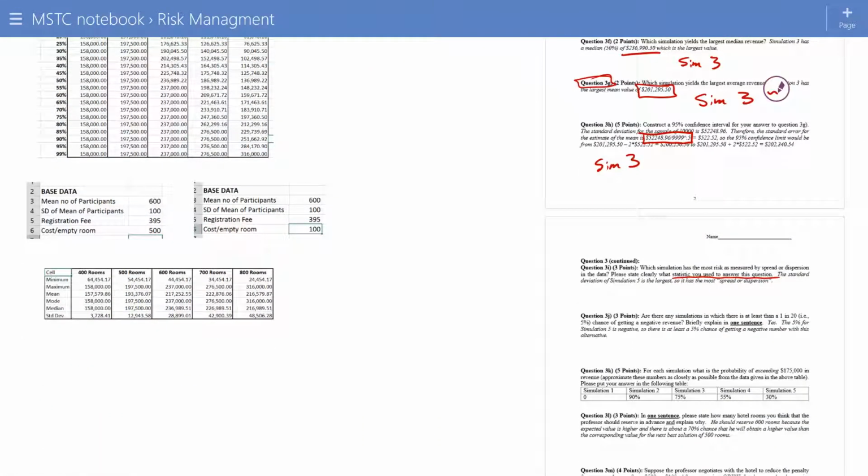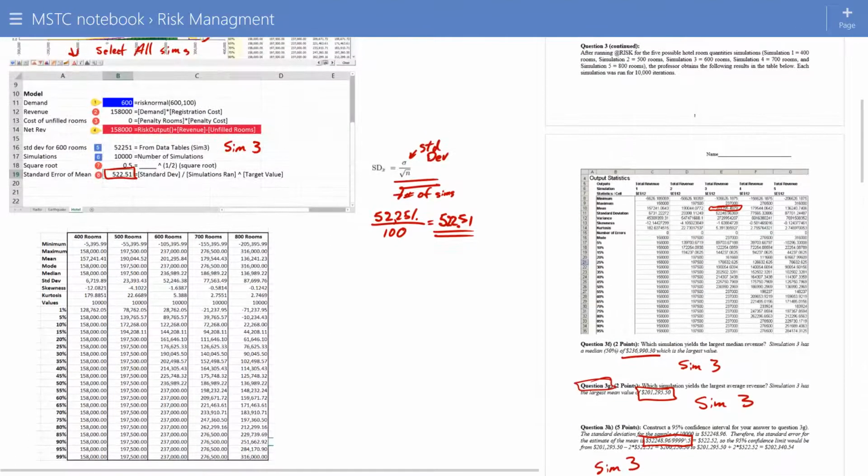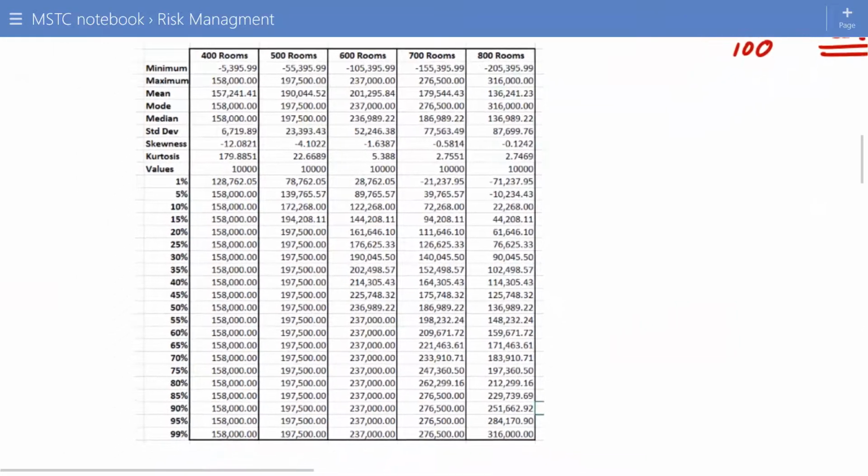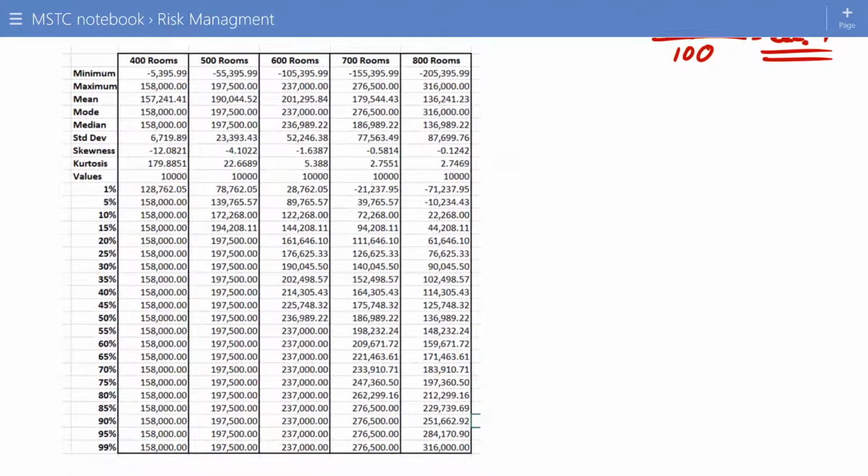Are there any simulations in which there's at least a 1 in 20 chance or 5% chance of getting negative revenue? Explain in one sentence. Yes, there is. Way of going about doing that, you look at your data table. I have another one set up right here. It's the exact same as above.